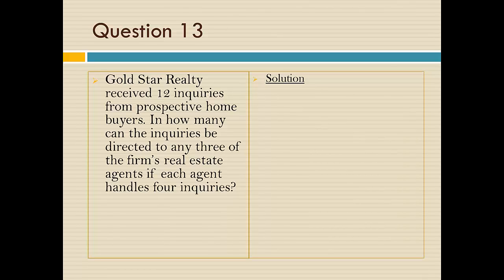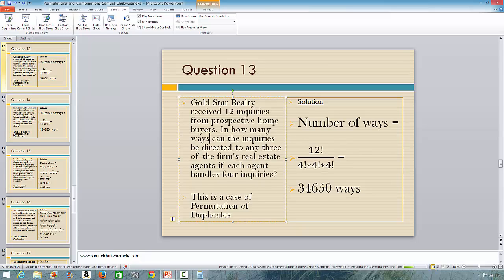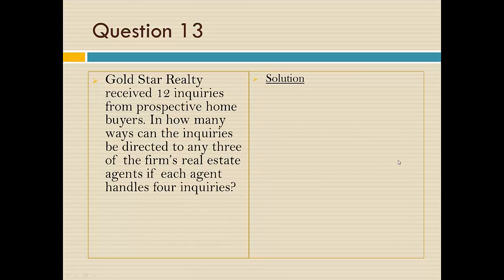Question 13. Gold Star Realty received 12 inquiries from prospective home buyers. In how many ways can the inquiries be directed to any 3 of the firm's real estate agents if each agent handles 4 inquiries?